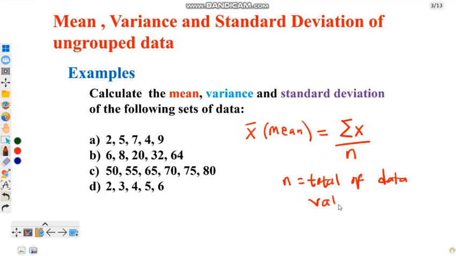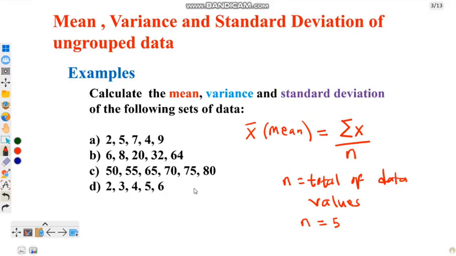In this case, for example, if we look at A, how many data values do you have? 2, 5, 7, 4, 9. Counting, we have 1, 2, 3, 4, 5. So the value of n will be 5.